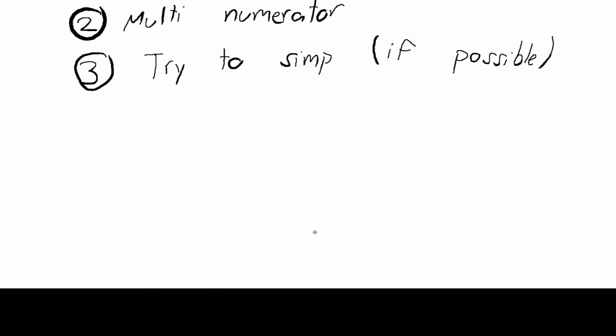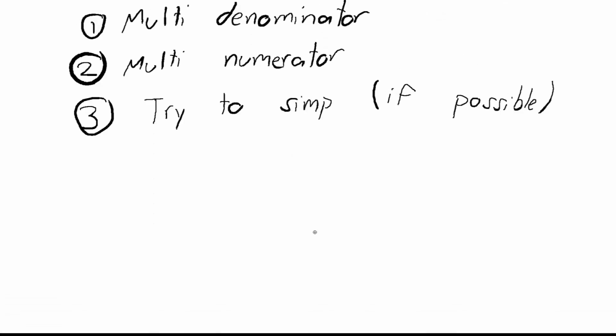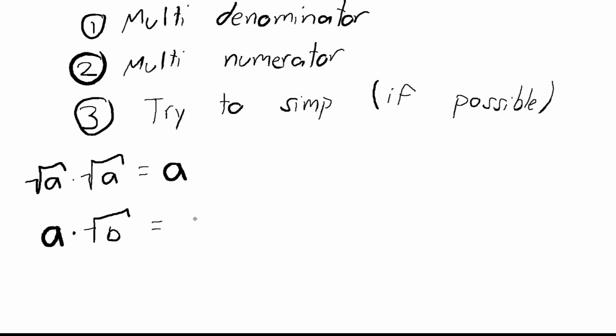And some important equations to remember are that square root of a number times square root of that same number is going to be equal to the number without square roots. And another important thing to remember is that a times the square root of b is equal to a square root of b.